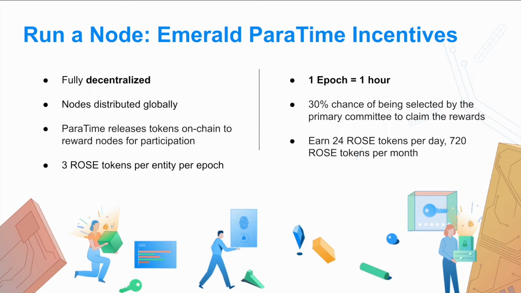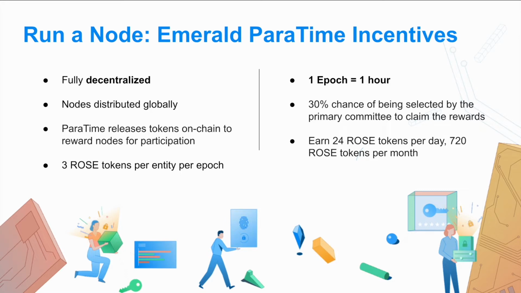But essentially, how will you do that? Well, of course, just like with any node, but you will also get rewarded for that. Usually we have some mechanism for how that works. And our ParaTime actually releases these ROSE tokens on chain to reward all the node operators. Okay, so usually that's how it goes.